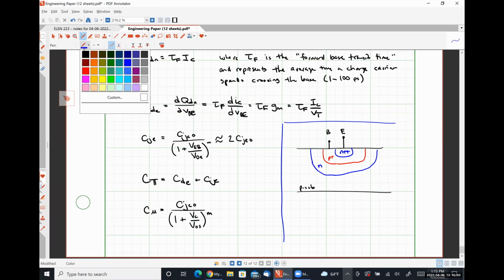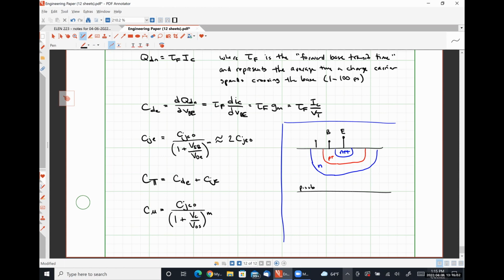We have our collector region, which is N-type, right? So the junction between the emitter and the base contributes to C pi. The junction between the collector and the base is what C mu is.